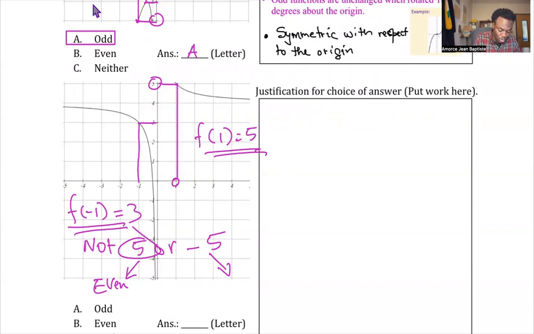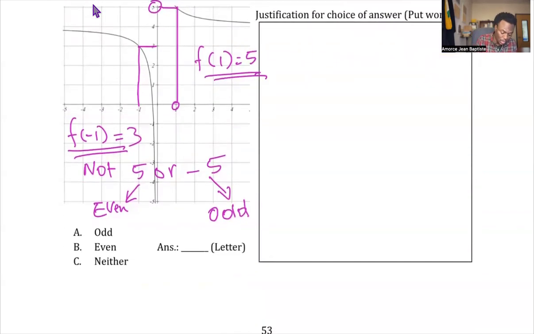But it's not 5, so cool, it's not even. Clear? We clear on that. And then if it was negative 5, I would be closer to deciding whether it's odd or not. But it's not negative 5. So conclusion now, it's not odd nor even, so it's neither.